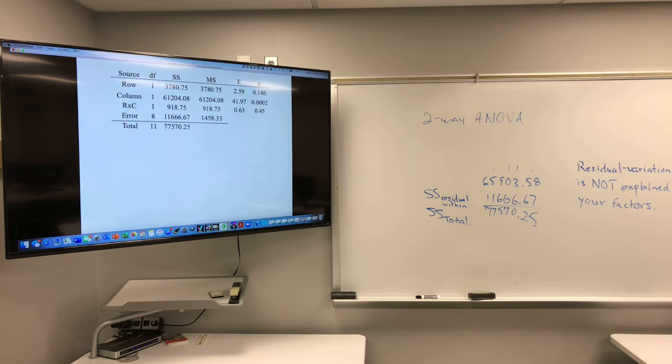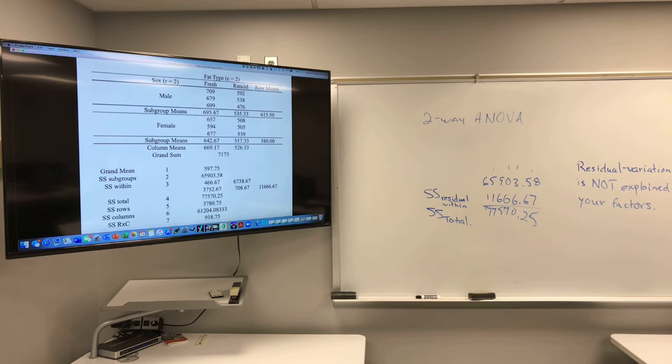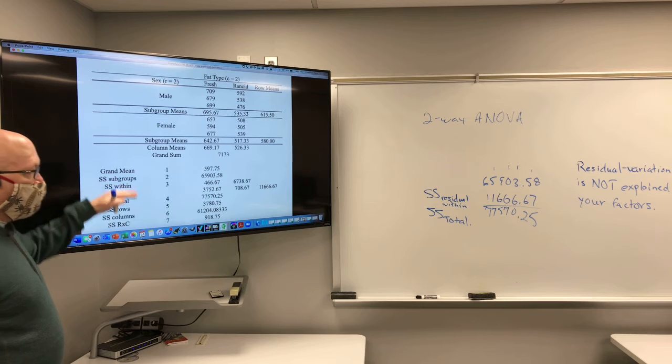So let me check that. 775,025 is the total sums of squares. So how did I get to that? What is this sums of squares subgroups?